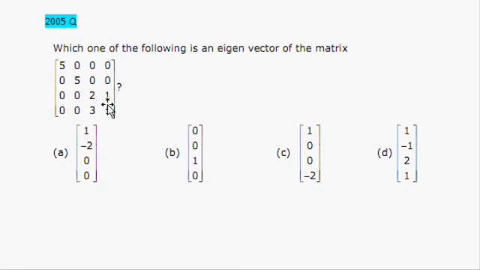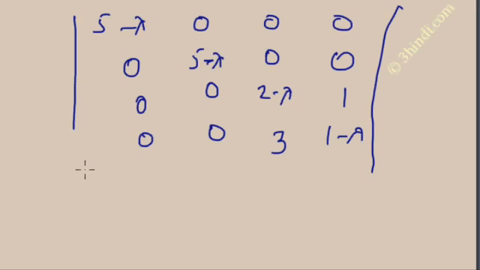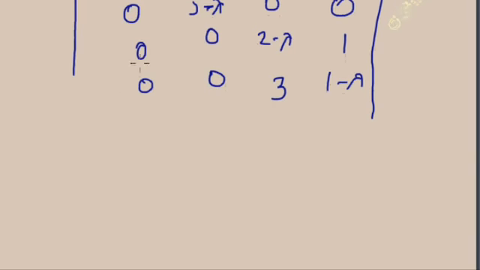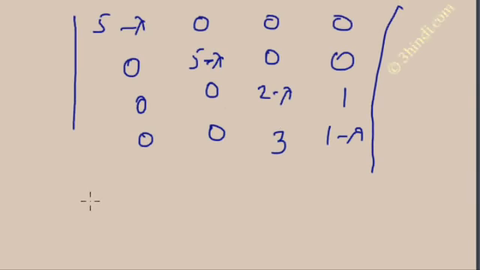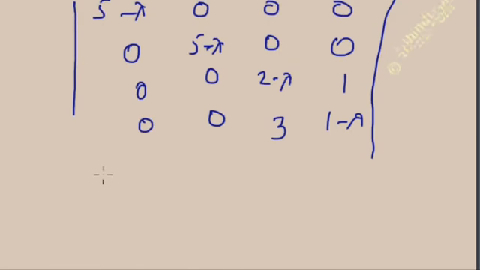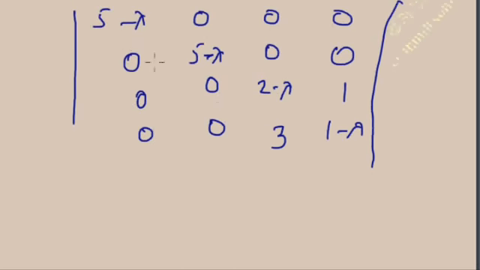So remember one rule. This is not an upper triangular matrix, so you cannot solve it easily. Here the rule is that 5 minus lambda into the determinant of this, and the determinant of this will be equal to 5 minus lambda into the determinant of this.